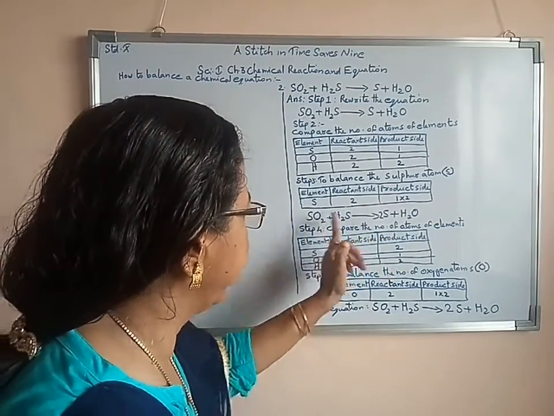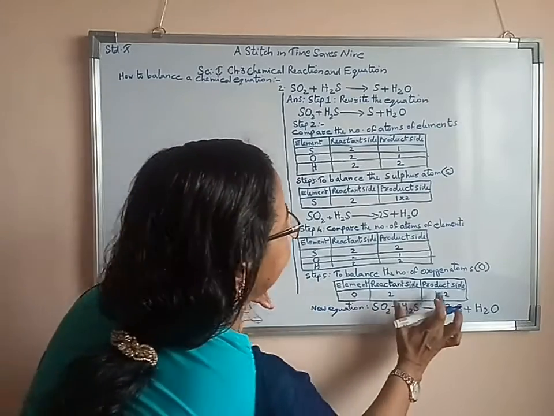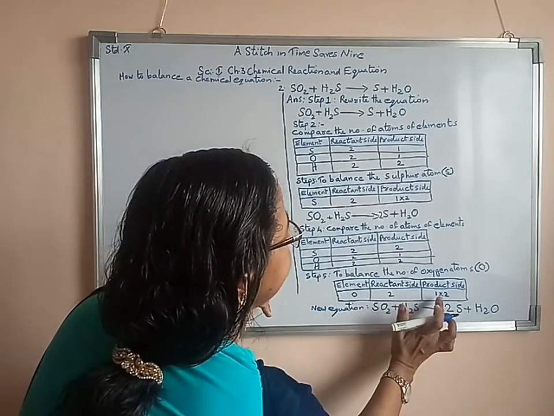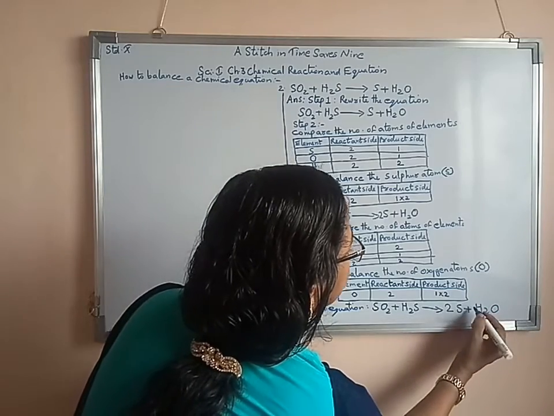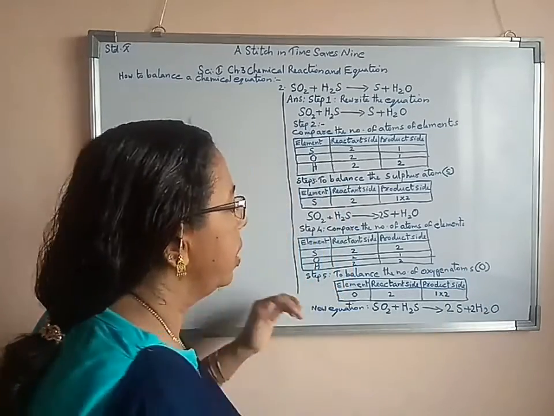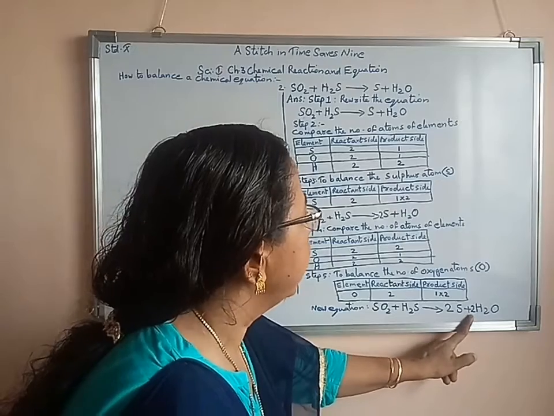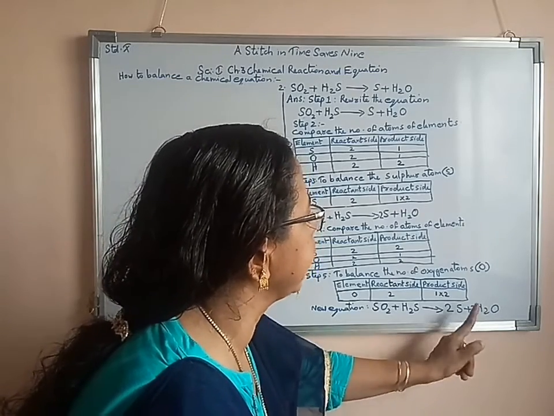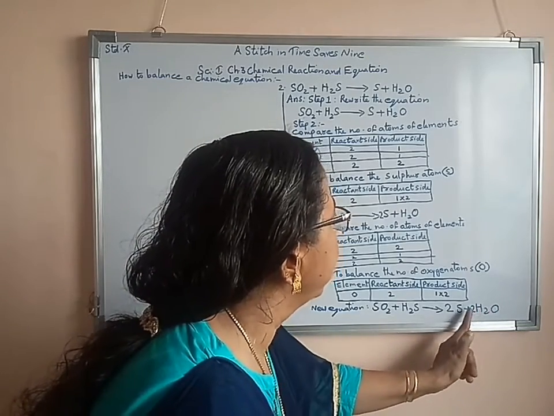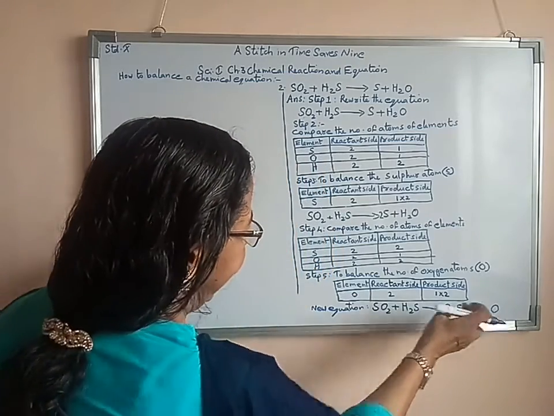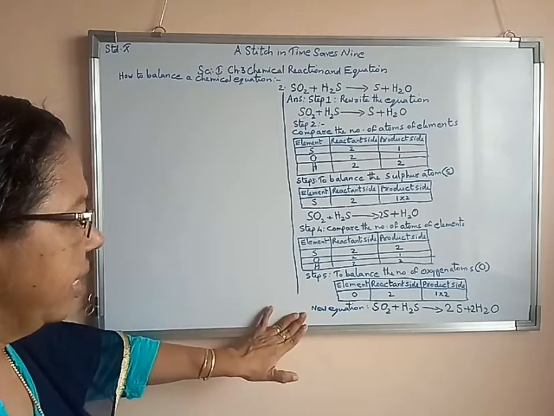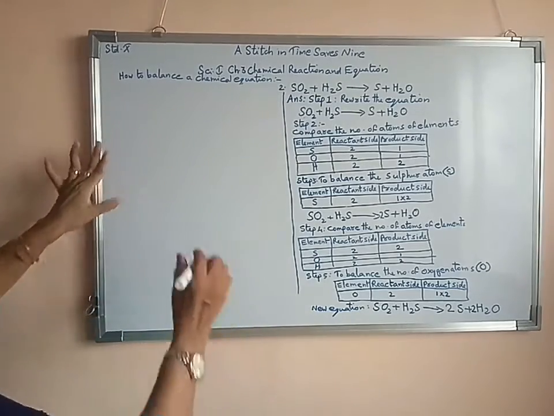Same to same I copied. After that, which correction we need to do? Oxygen's product side now 2 became. Here 1 is there. Now I am making it 2. Once I put here 2, then the number of hydrogen also increased. Oxygen's number became 2, hydrogen's number then 2 twos are 4 became. Because of that again we have to compare the number of atoms.